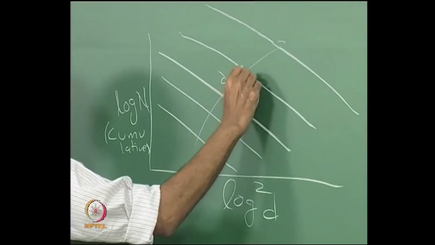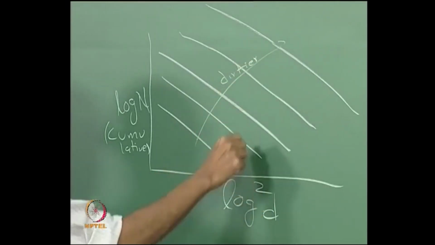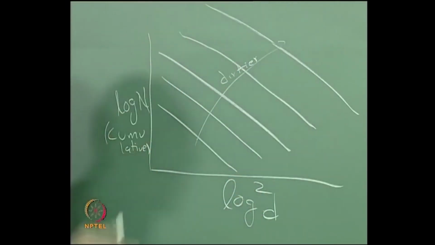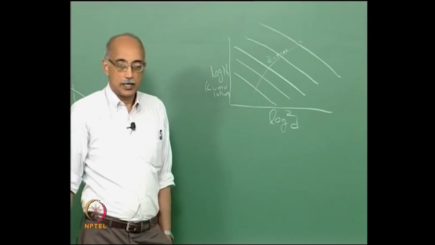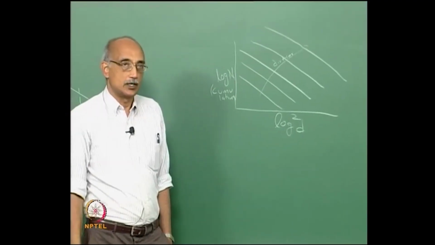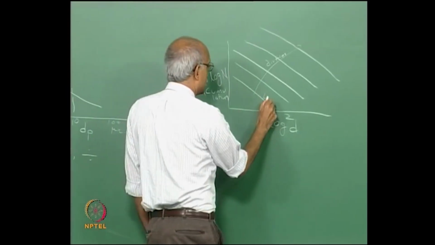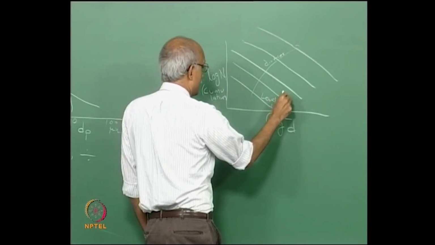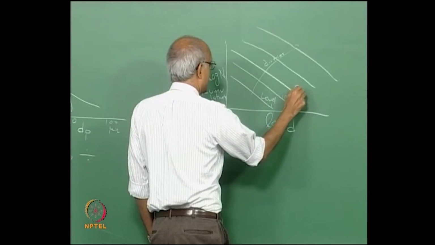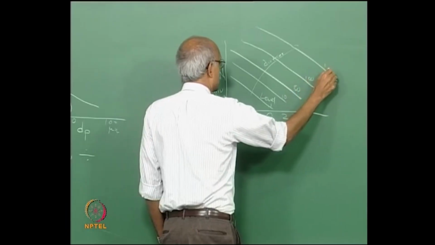In other words, for the same size you have a lot more particles as you go up in this curve, and so each of these lines has been designated as a level. So, this would be a level 1, this may be a level 10, this may be a level 50, 100, 1000 and so on.